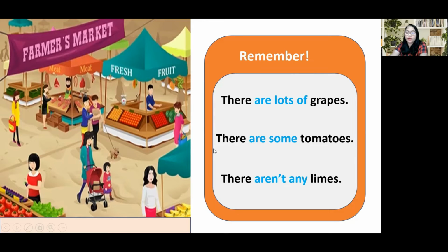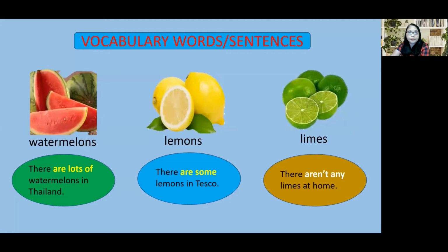We are going to use them later on in our sentences. Okay, moving on. Let's now go to our different vocabulary words, and we will immediately use each in a sentence.